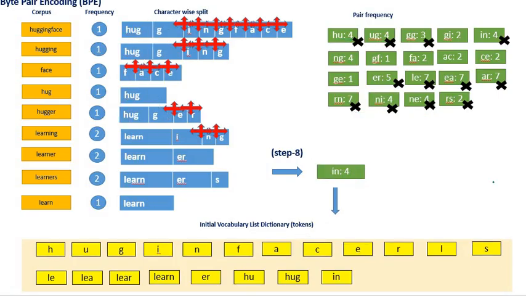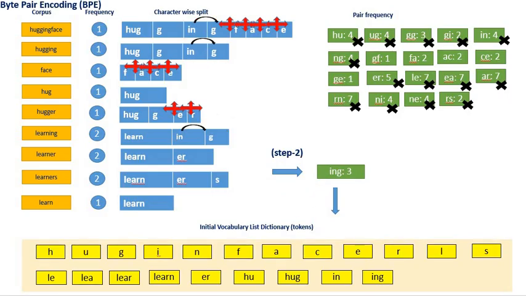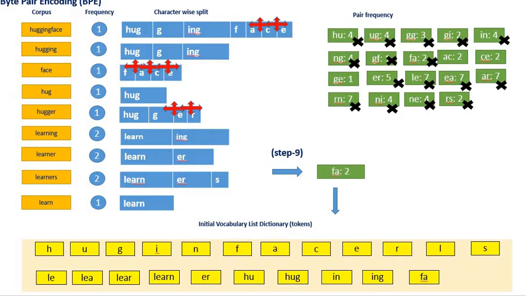Next, similarly, IN, right? I am sorting this IN, removing it like that and putting it in the dictionary. Similarly for this case also, FA, the similar case, right? We put it in this corpus.